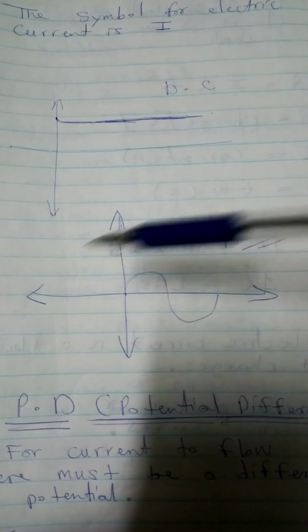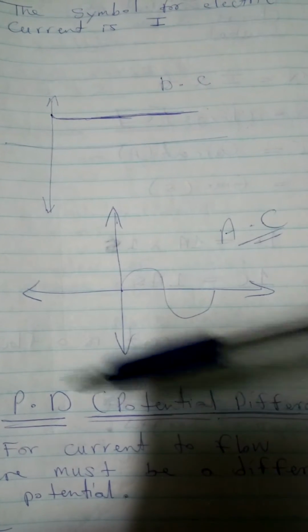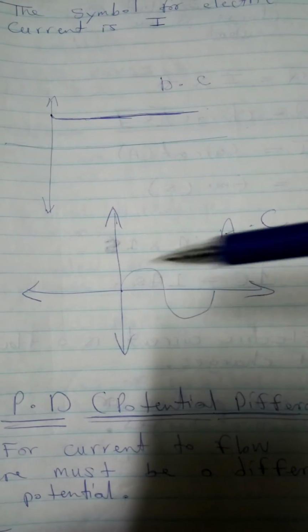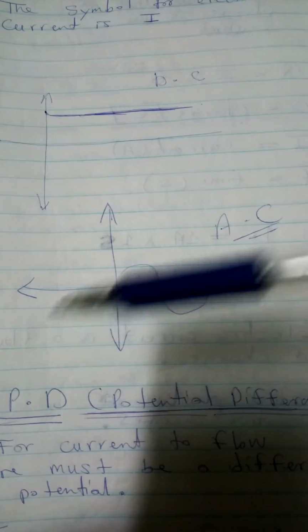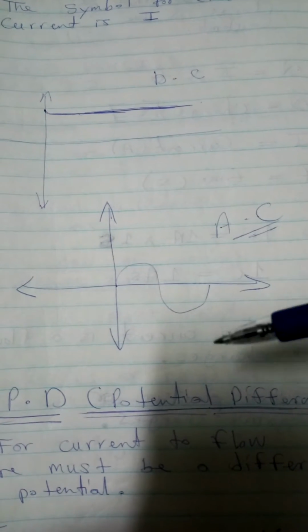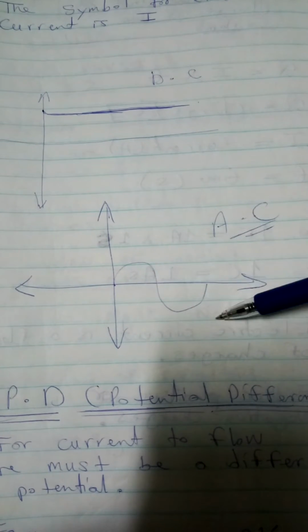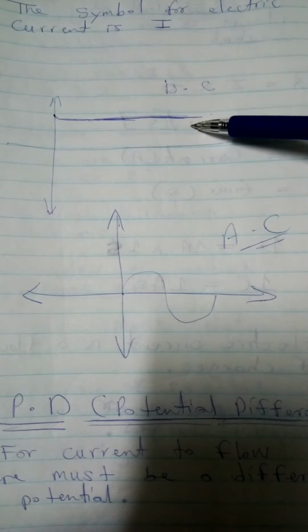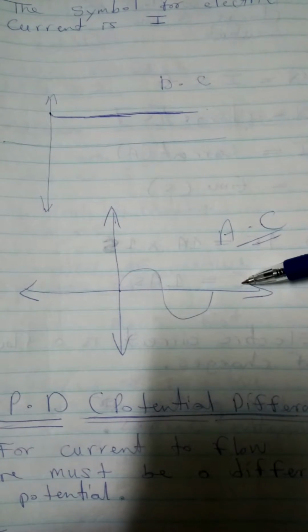In our part of the world, we're normally supplied current at 50 hertz. That means we have 50 waves generated per second, or 50 oscillations per second, or 50 cycles per second. More about that when we do AC, since AC is also on the Physics Unit 2 syllabus. So this is DC, direct current, and AC, which stands for alternating current.